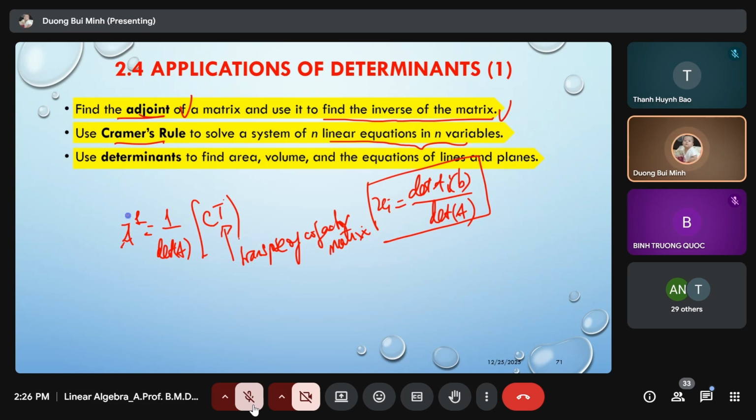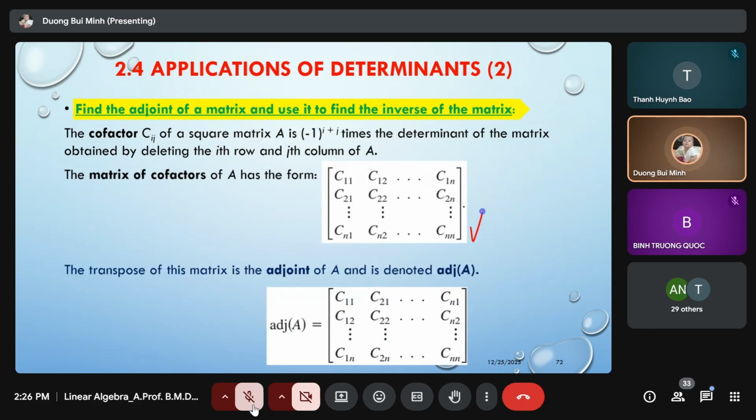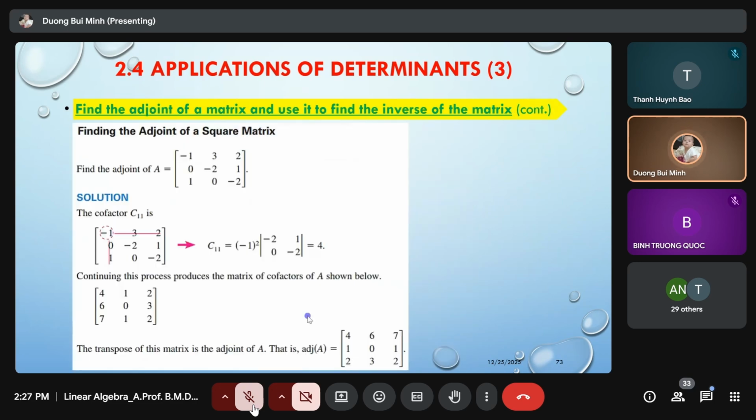And use determinants to find areas, volumes, and the equations of lines or planes. This one comes from a question from the students before, right? So we already know this one is the cofactors, we can get the adjoint, and then you can get the inverse of the matrix.